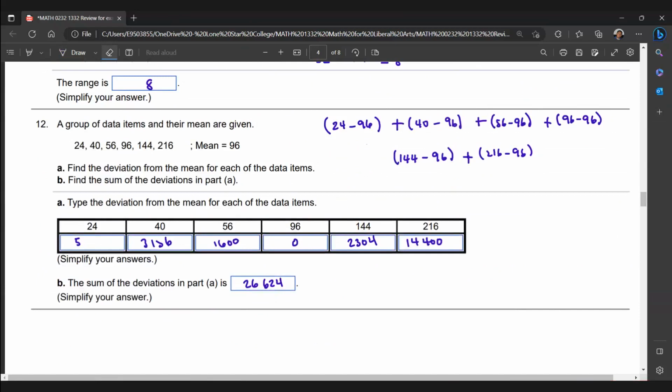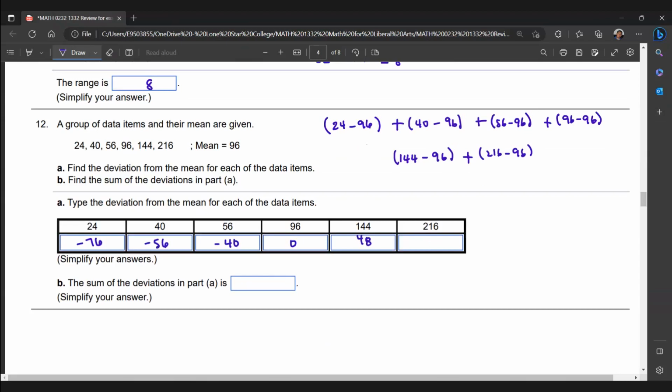Okay, so we're going to have to change these numbers and this sum, which I don't really like, but that's okay. That's just the way this example is. So we got 24, that will be negative 76. Then we got negative 56. Then we got negative 40 here. Then we got 0. 144 minus 96, we got 48.